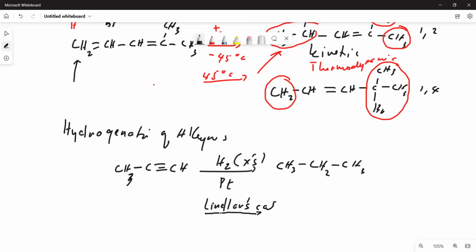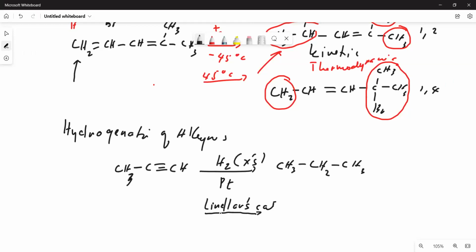You have palladium on calcium carbonate and you have quinoline, combined with hydrogen just to lower the reactivity of the catalyst. So palladium was not used completely. It was mixed with precipitated calcium carbonate as well as quinoline solvent. So you call that Lindlar's catalyst.